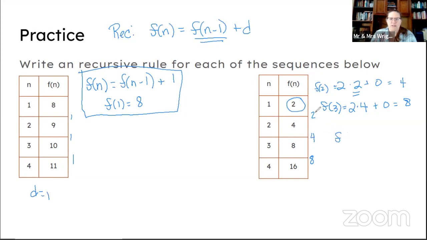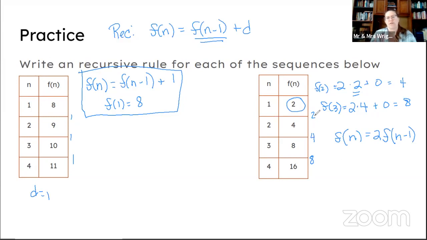So it looks like our rule is f of n equals 2 times f of n minus 1. So just twice the previous term. We're just multiplying the previous term by 2. We're multiplying by 2 each time instead of adding. So f of n equals 2 times f of n minus 1, or 2 times the previous term.